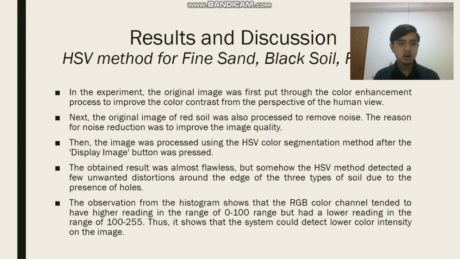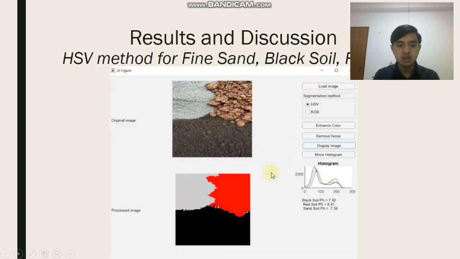Next, the original image of the red soil was also processed to remove noise, to improve the image quality. The image was then processed using the HSV color segmentation method after the image was sent through the algorithm through the display image button. The obtained result was almost flawless, but the HSV method detected a few unwanted distortions on the edges between the two soils. As we can see, there are holes.